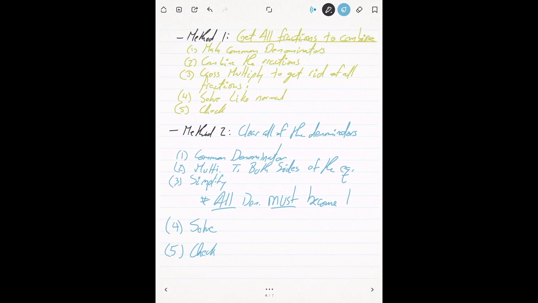You choose which technique you like. For me personally, I like method 2. I like to clear fractions. That's just me. A lot of other people really like the work that they've done when it comes to combining rational expressions together and simplifying them, so they're all about method 1. That's fine. Both will work. Just make sure you have a technique that you're confident with using.